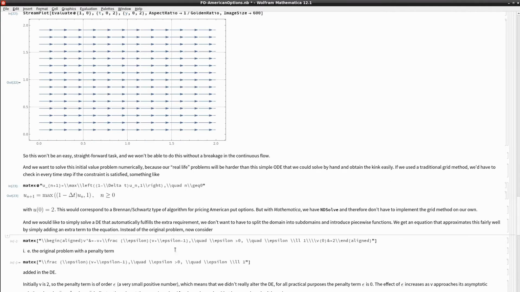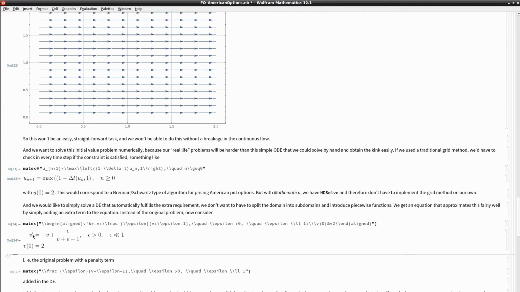So we now introduce a penalty term instead of the original problem. We now consider the problem where we have also v prime equals minus v as we had before, but we're adding epsilon divided by v plus epsilon minus 1. And as typical in calculus, epsilon is a very small positive number, right? So epsilon is larger than 0, but significantly less than 1.